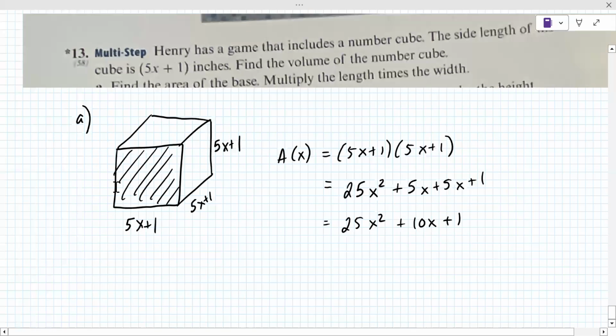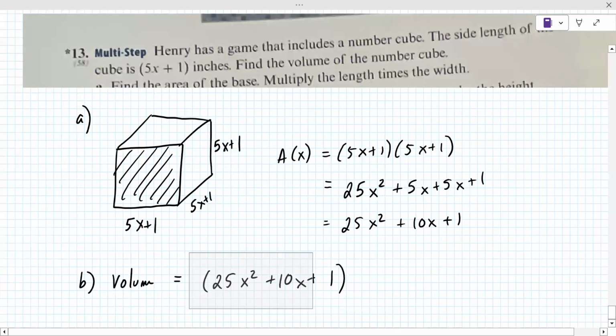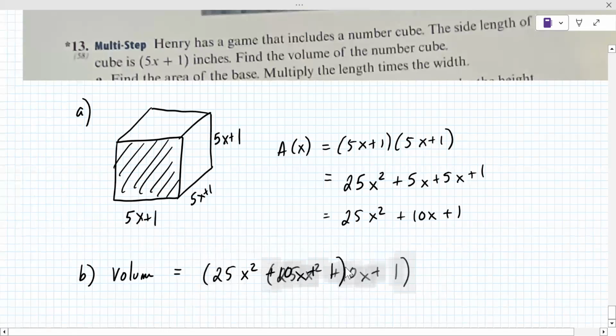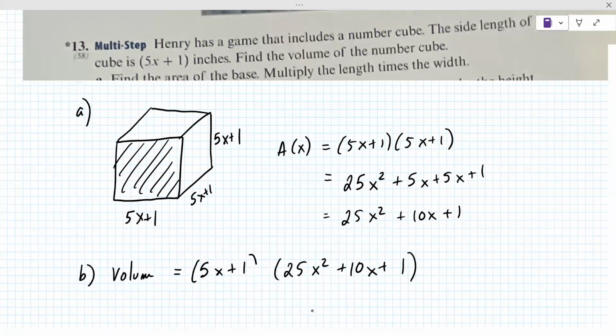B is the hard part. B is finding the volume. The volume is the area of the base, which you just found, the 25x squared plus 10x plus 1, and then you're going to multiply it by the height. So I'm actually going to slide this over. I believe it's slightly easier if you do it this way.